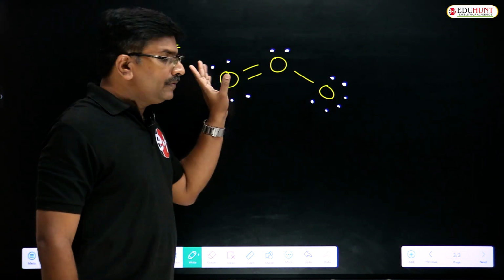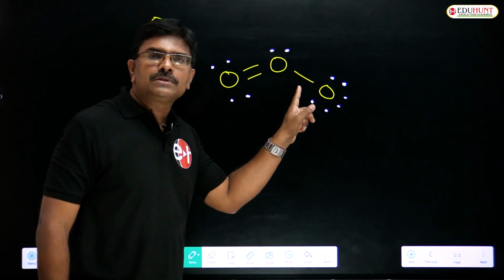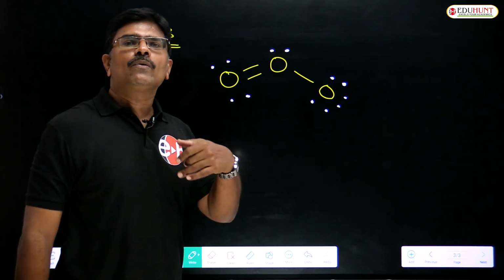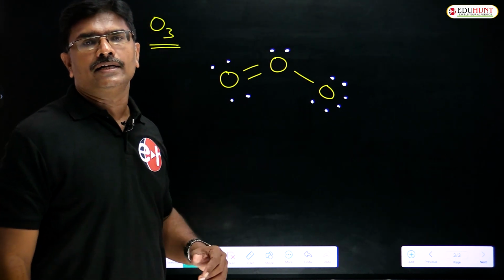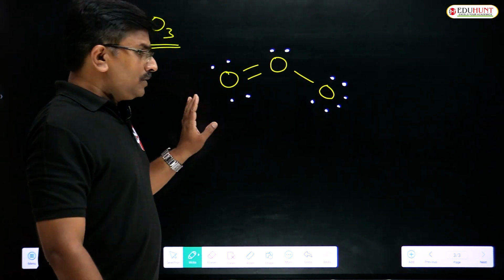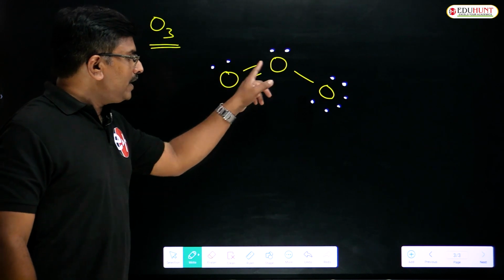Now we are going to calculate the formal charges of these three oxygen atoms using the formula that we have already learnt. For that purpose, to avoid confusion, we are specifying numbers for these three oxygen atoms.